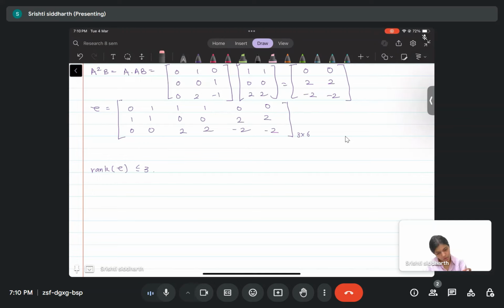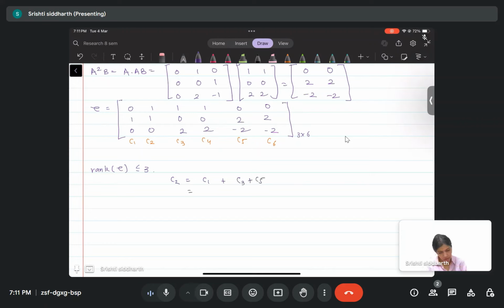So we can just observe that this can be organized. So let's just number the columns 1, 2, 3, 4, 5, 6. You see it can be organized as C1 plus, let's see, C3 plus C5.